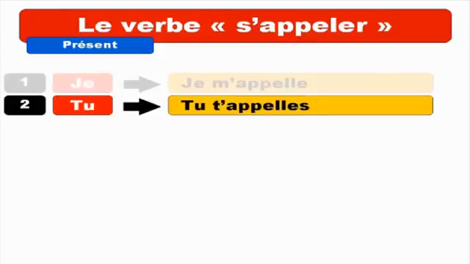Okay, second form, same thing, but usually for tu, the form is tu, te, and then something in here. We're starting with a vowel, so it's the same thing as previously, it disappears, so we get this tu t'appelles, okay, final S is not pronounced, tu t'appelles. Repeat.